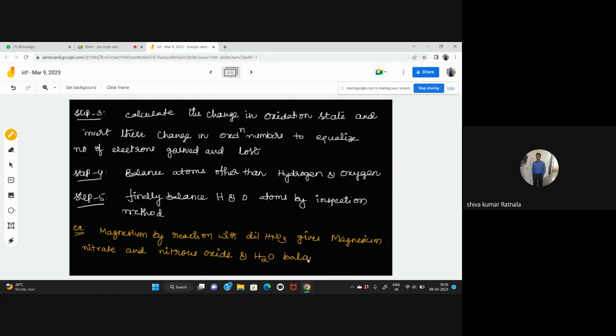Balance this reaction. This is the question given. So how are we going to balance this reaction, and how am I going to use these steps for solving this?